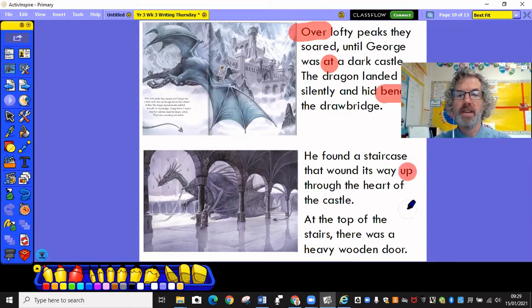Up. Well done. Up through the heart of the castle. We could have through as well. Through would also answer the question where. Up through. And then the heart of the castle is the noun. Final one. At the top of the stairs, there was a heavy wooden door. At the top would be the preposition.